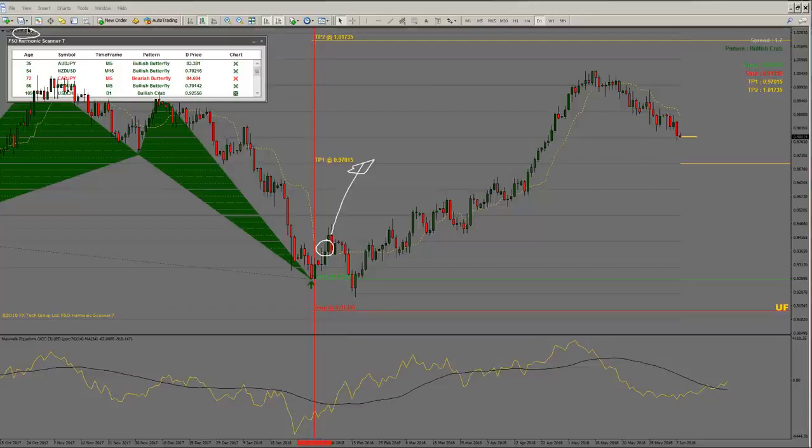But with the FSO Harmonic Scanner, especially the version 7, you can prevent from trading failing patterns because of the excellent built-in confirmation this time. You have the angular momentum indicator.